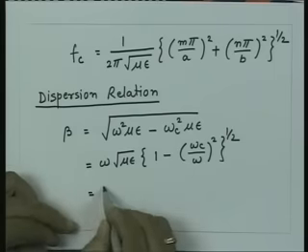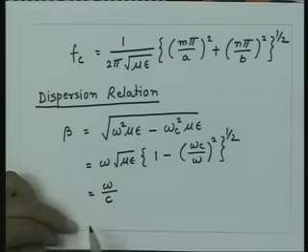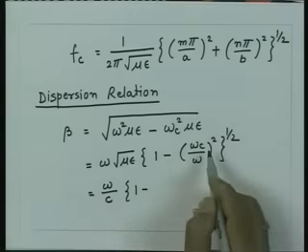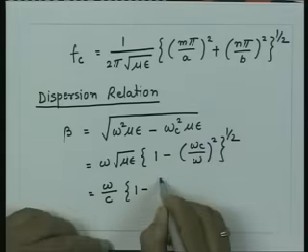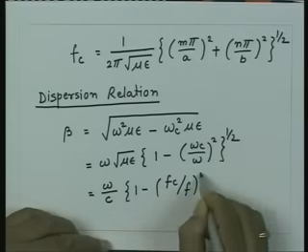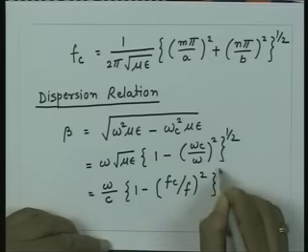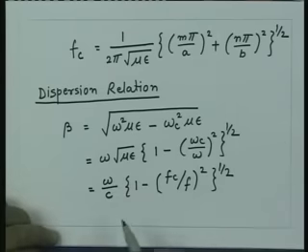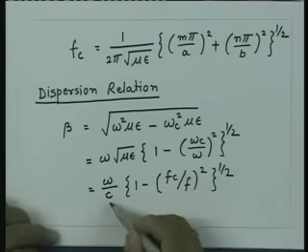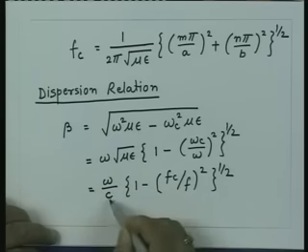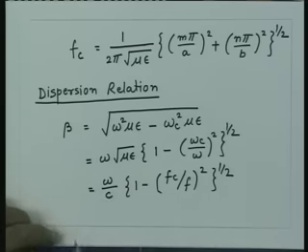So, we have here omega divided by c, into the square root of 1 minus (cutoff frequency by frequency) whole square. Writing omega as 2 pi into frequency, c upon frequency is the wavelength in the intrinsic medium.